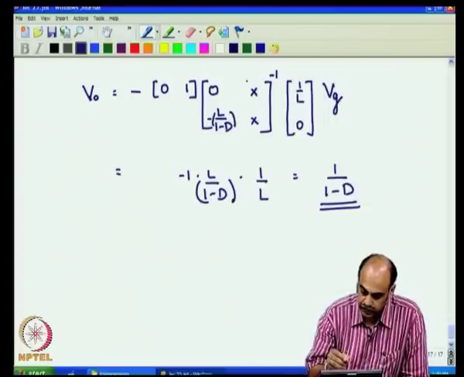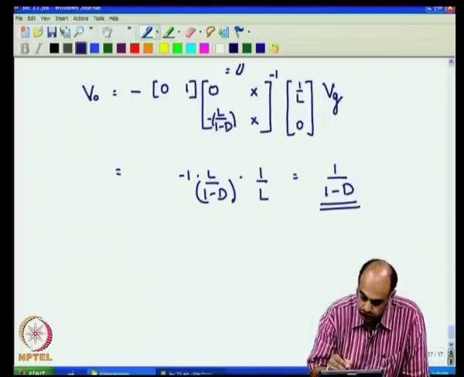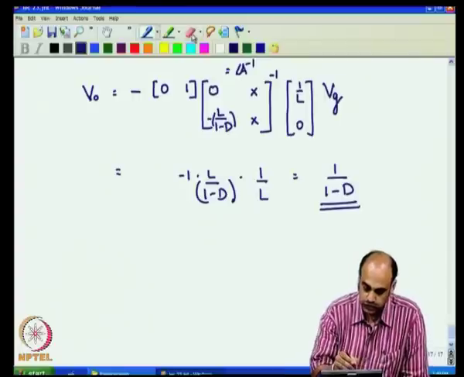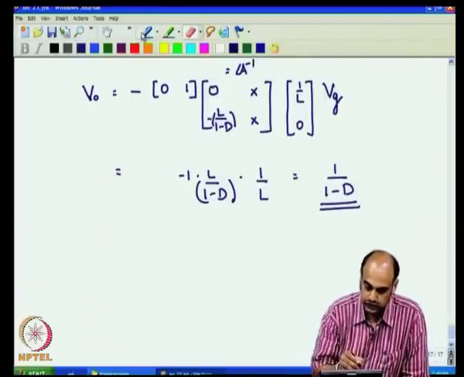Sorry, this is actually A inverse. This is equal to A inverse. I do not have to put that there.